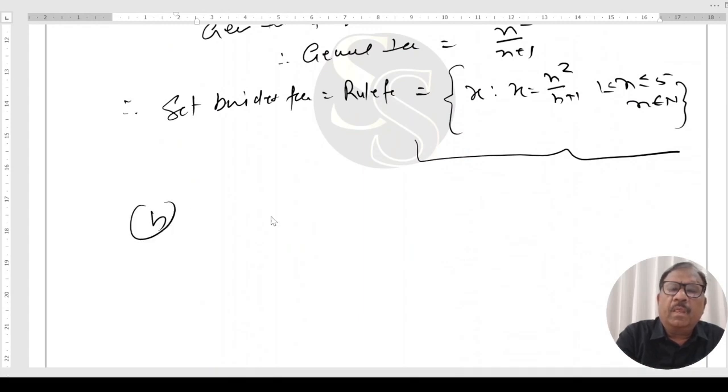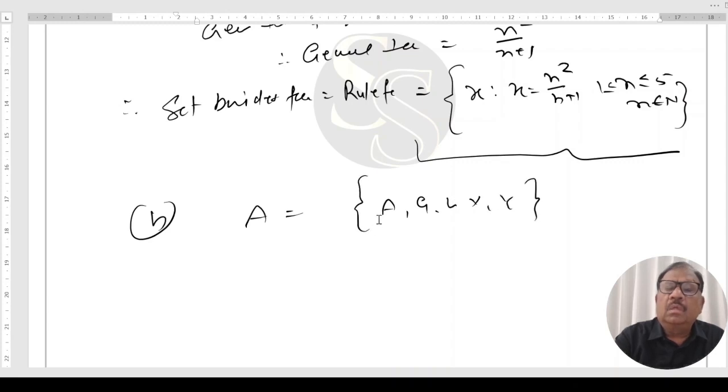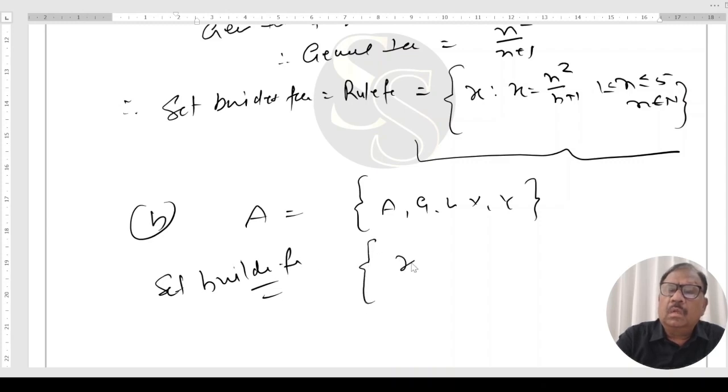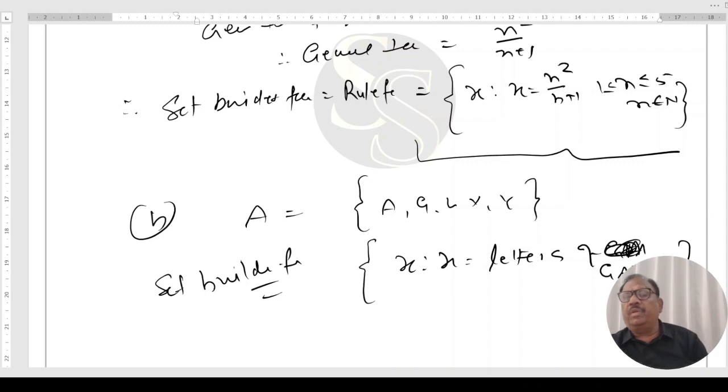B part is GALAXY. We can write this in set builder form: letters of GALAXY. Here we have repeated the letter A two times. In set form, repetition is not allowed.